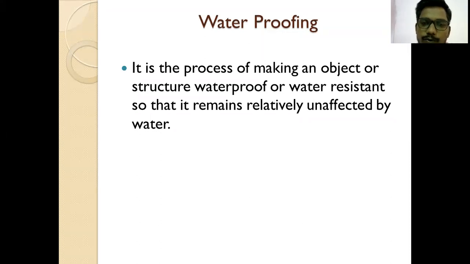Why do we have to go for waterproofing? Because if any element of the structure comes in contact with water, it will affect its durability, and also it reduces the strength of that element, so we have to go for waterproofing.